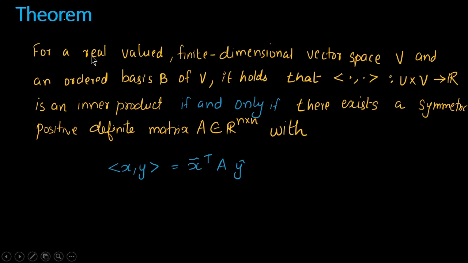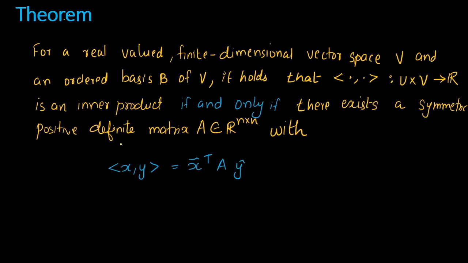And the theorem goes like this. For a real valued finite dimensional vector space V and an ordered basis B of V, it holds that an inner product V cross V to R is an inner product if and only if there exists a symmetric positive definite matrix A belonging to R n by n such that the inner product is equal to x transpose A y.